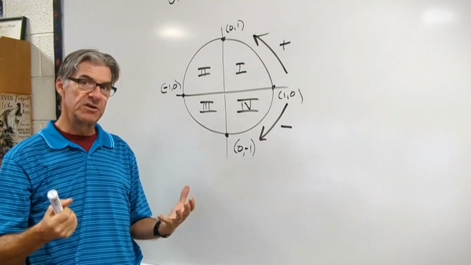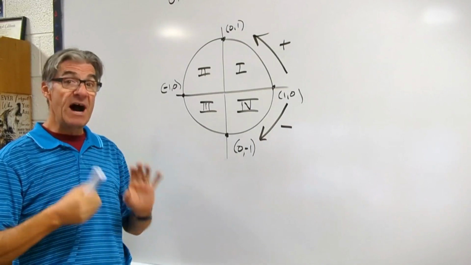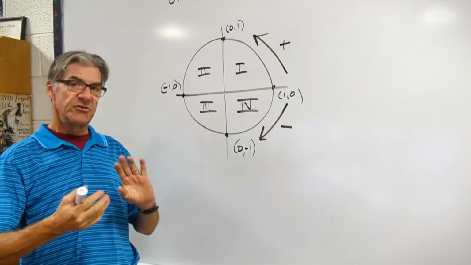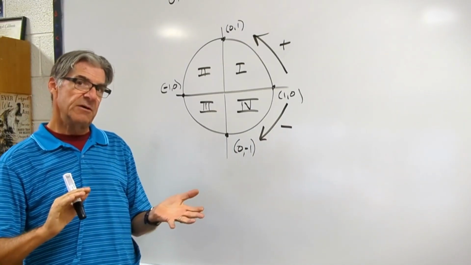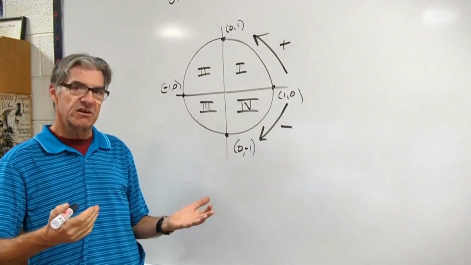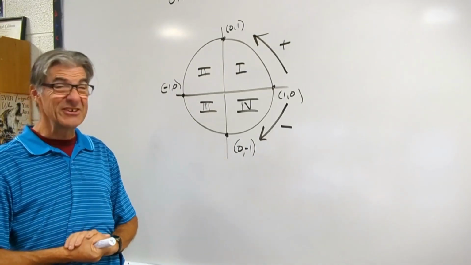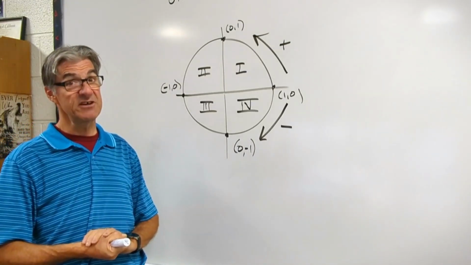That's just a reference point. When you're measuring angles on the unit circle, positive is counterclockwise. It could be a little confusing because we're going anti-clockwise, the different direction than a clock goes. You might think clock goes positive, but on the unit circle, the clock is actually rotating in a negative direction.